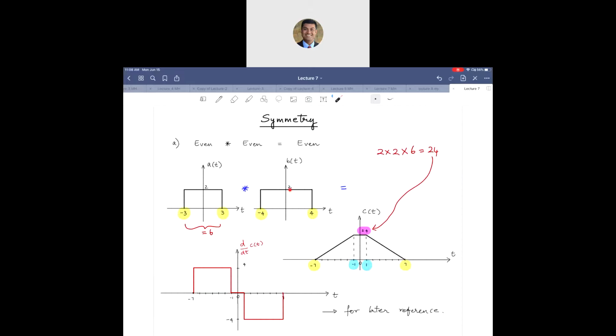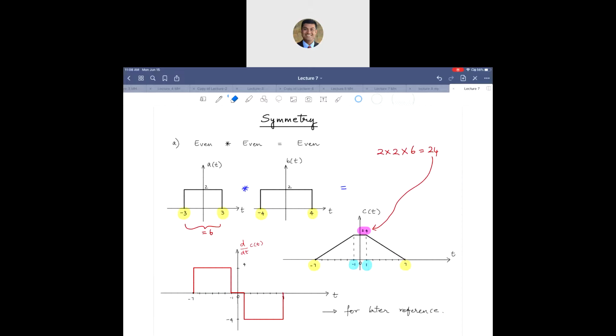Because constant multiplied by constant integrated will give you a linear function. So I hope that discussion was helpful, and you are able to take this discussion and sketch the convolution output for rectangles very quickly, almost just by inspection.